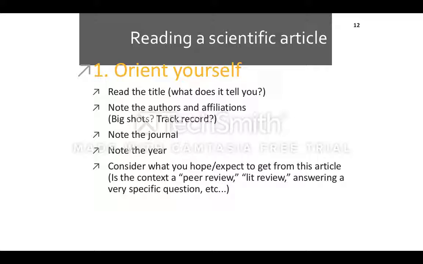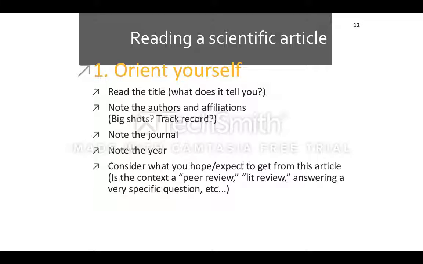So begin reading a scientific article or a journal article by reading the title. What does it tell you? Look at who wrote it. Do you know this person? From what you know of them, do you agree with their values? Who do they work for? Who are they affiliated with?